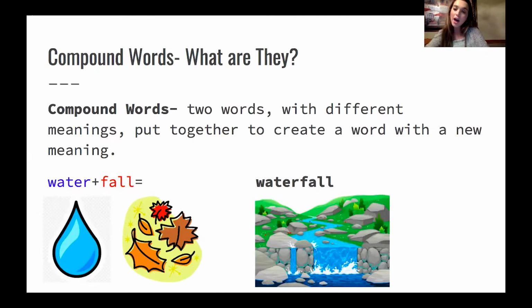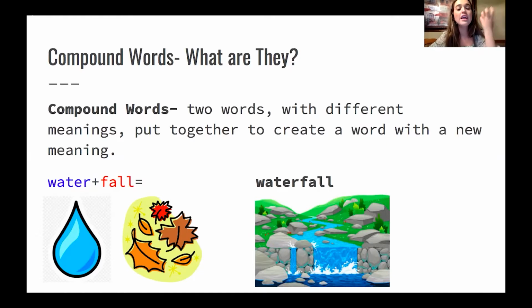So compound words is basically when you take two words with different meanings and put them together to create a new word with a totally different meaning. So if that's a little bit confusing to you, I've put in an example down here. And so we have water, okay?